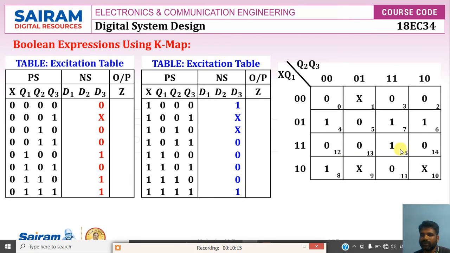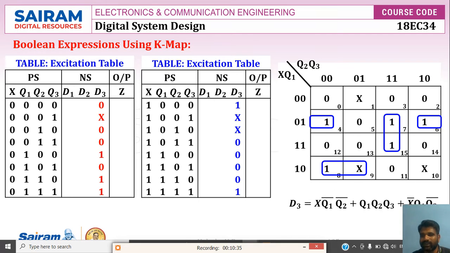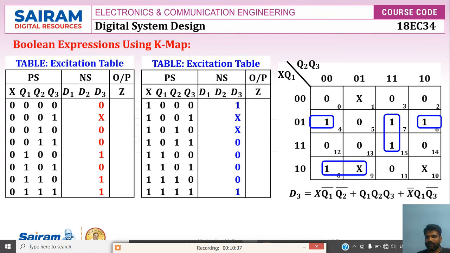Clear now? Here one pair is possible, that is 8 and 9, another pair 7 and 15, and one more pair 4 and 6. This is the corresponding expression for D3.